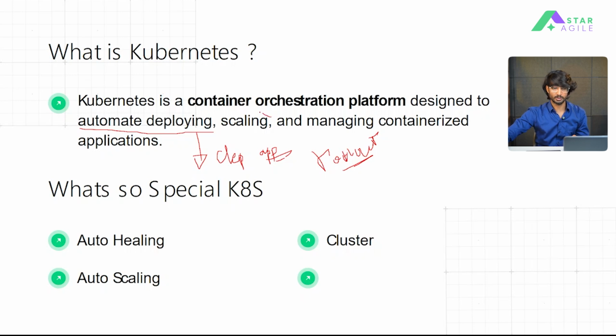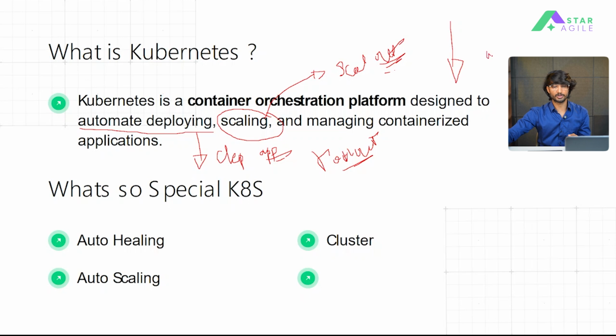And secondly, we saw how Kubernetes will automatically scale out the number of containers as and when required according to the load, and when the load drops, the number of containers will be reduced to match the exact load. So these are some of the advantages that make Kubernetes so special.